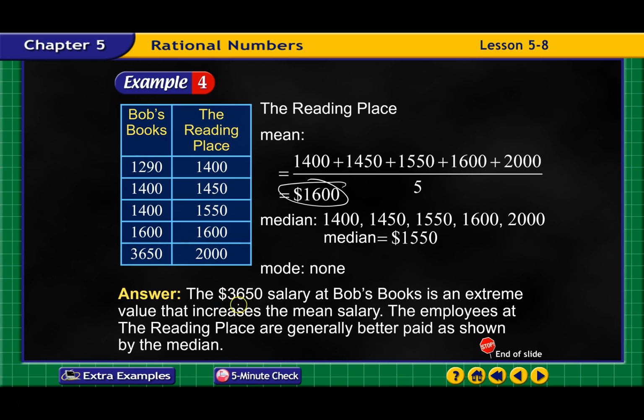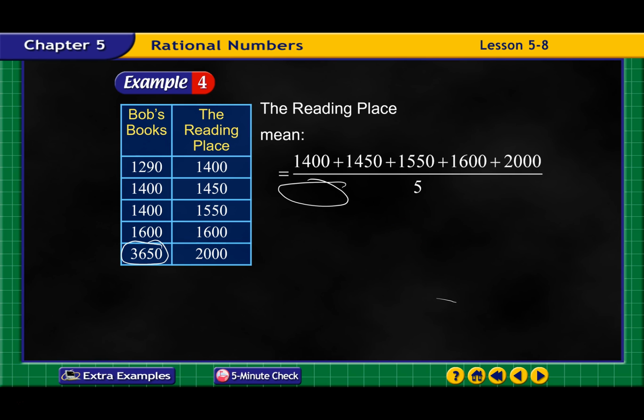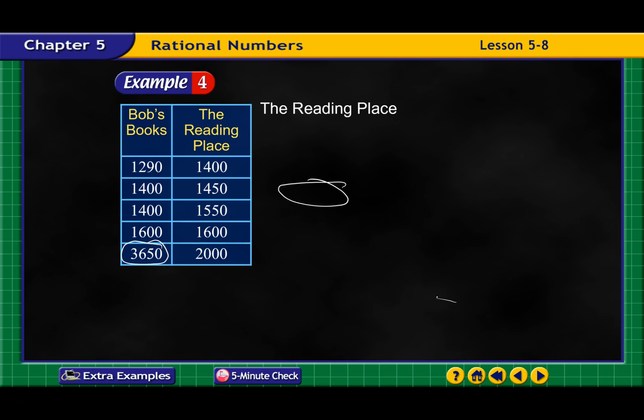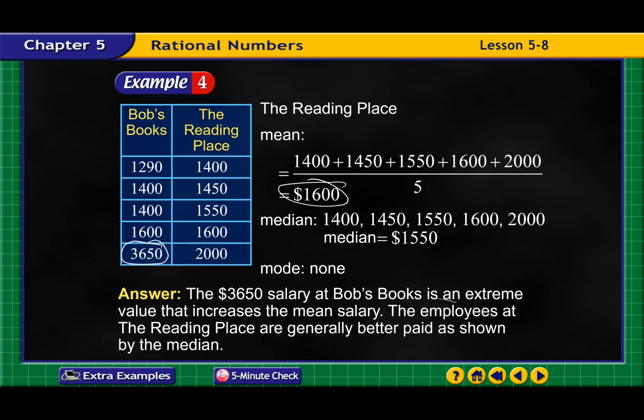So the salaries of Bob's Book is an extreme salary. So this one here really changes everything. The employees at the Reading Place are generally better paid by the median. So if we look at the median on this one, it's higher than on this one. This is where that extreme can make a big difference.